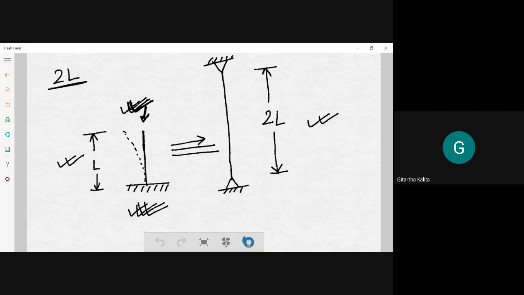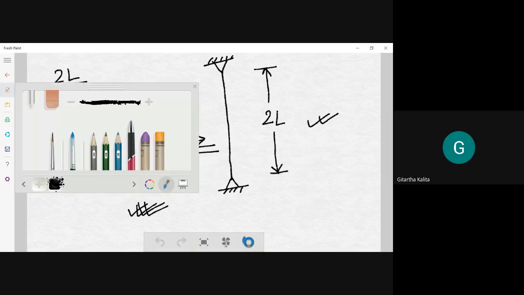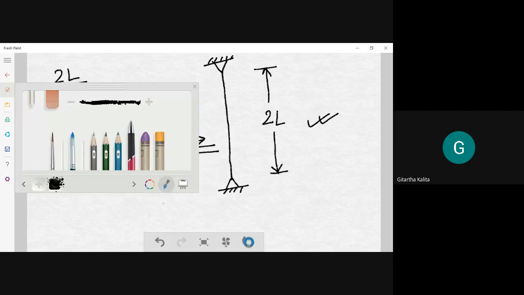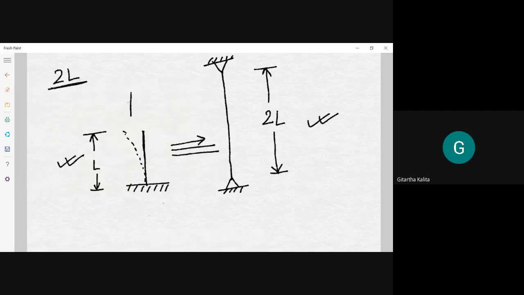One last time I am just saying, if this column on the left, you have to make both ends hinged, then you have to increase it to 2L. Then we get the strength as same.